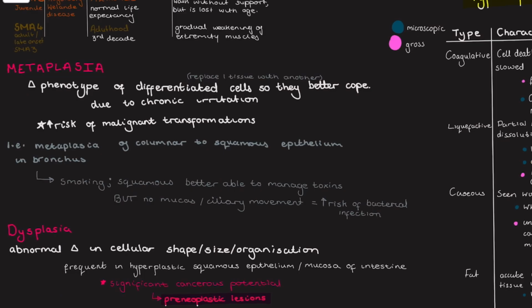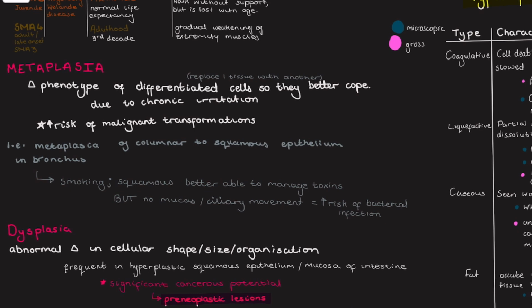So the main example we were taught was about smoking. So there's metaplasia of the normal epithelium in the bronchi to squamous epithelium caused by the cigarette smoke. This is done because the squamous epithelium cells are better able to tolerate the toxic substances in cigarette smoke.